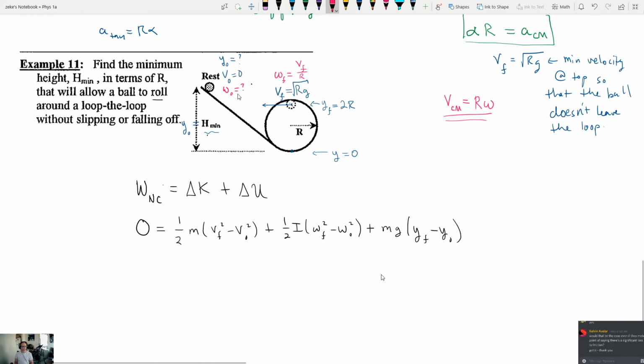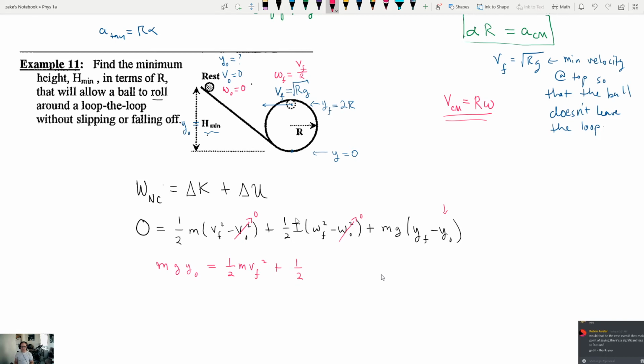So let's start putting everything together then. So these are 0. It starts from rest, so the initial angular speed is 0. The initial velocity is 0. And we're solving for y initial. So let's move that to the left-hand side. So we'll have mg y initial is equal to 1/2 m v final squared plus 1/2.